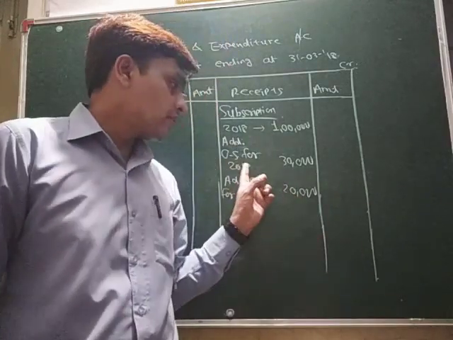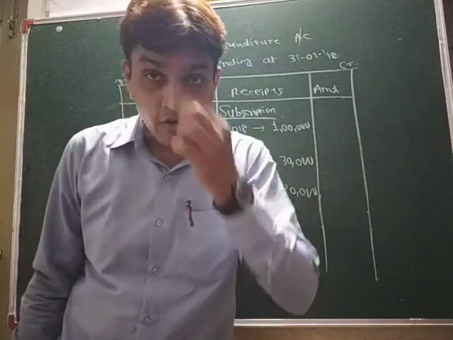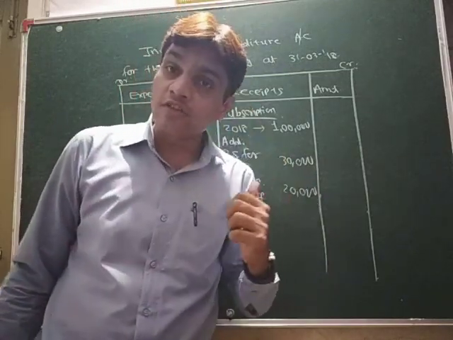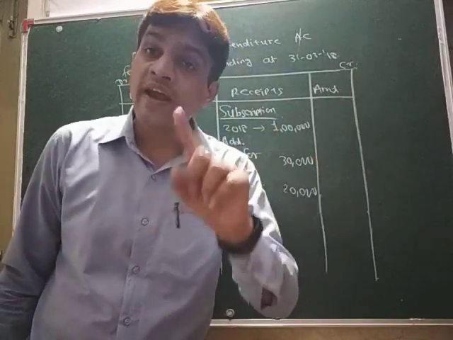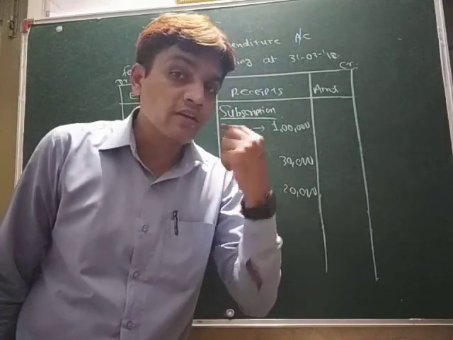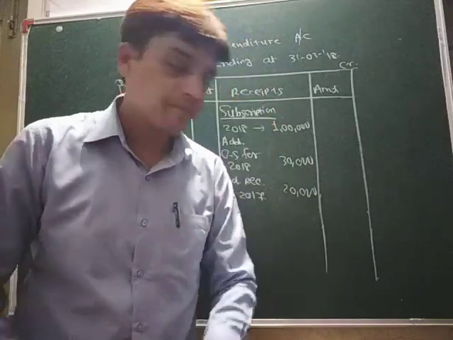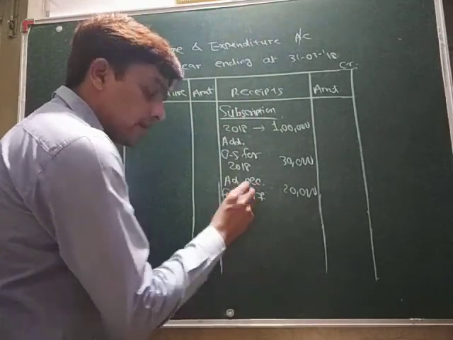Okay, here look, how much current year subscription did we write? We have written 30,000. And in this 30,000, the 2,000 of the previous year is already added. So we have to subtract it because we want only the current year information. Okay, and that's why we will deduct it.